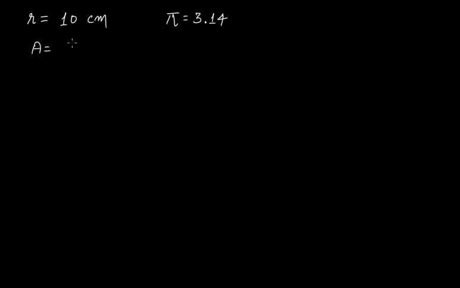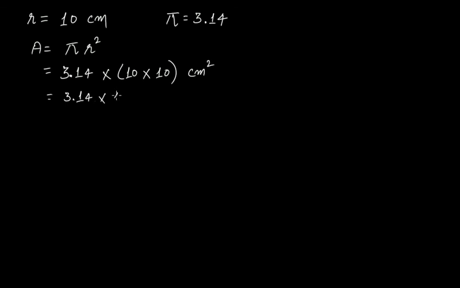Clearly area is pi r square, and therefore this becomes 3.14 times r square, that is 10 times 10. 10 square means 10 times 10. This becomes 3.14 times 100 centimeter square.